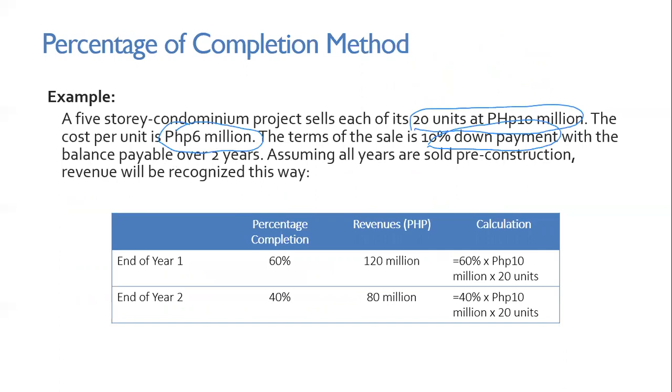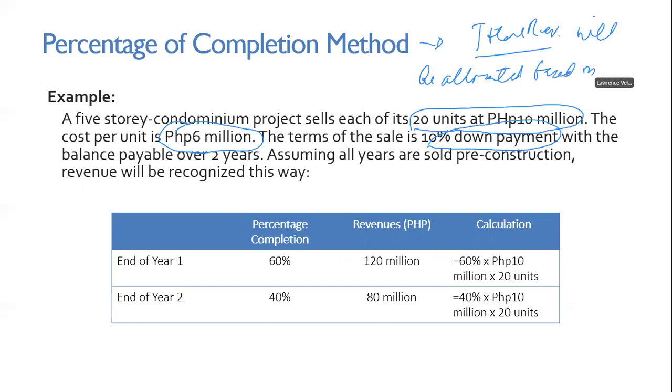Assuming all units are sold pre-construction, the revenue will be recognized this way. So pag percentage of completion method, yung total revenue over this project will be allocated based on the percentage of completion of the building.